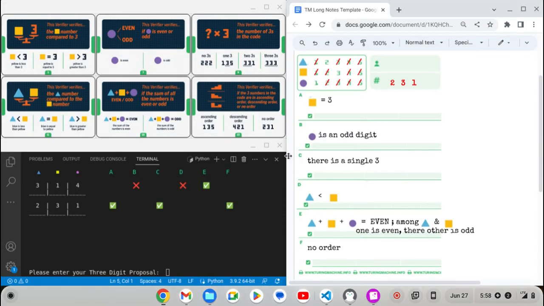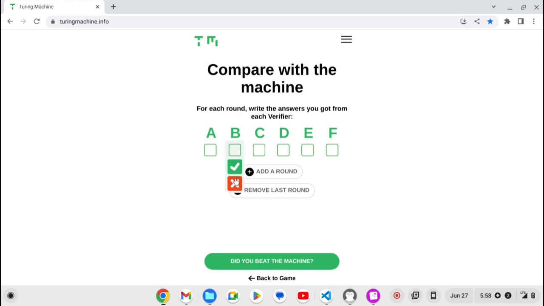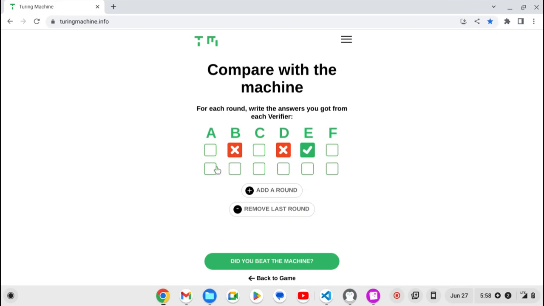We did B, D, E first, and the first two were wrong, and then all the other 3 criteria cards were tested and they were correct. So B, D were incorrect. So B, D, E, and then in the second round we tested all the remaining criteria cards A, C, and F.